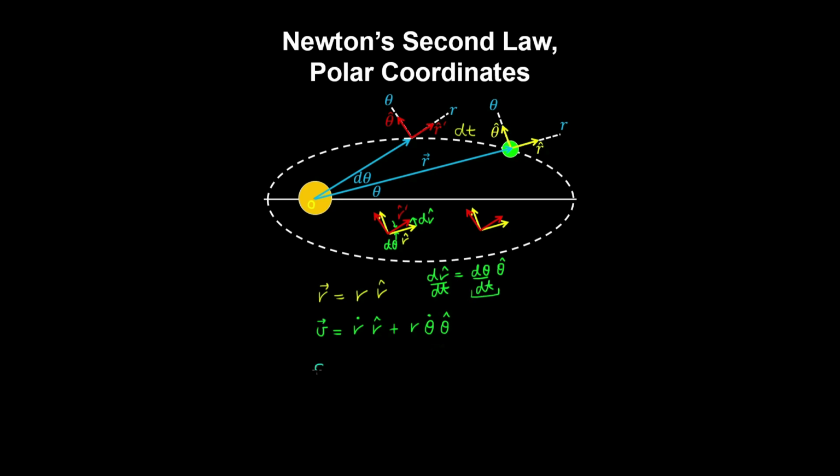And if we differentiate the velocity with respect to time, we get the acceleration. So again, using the product rule, we already had an expression for dr dt.